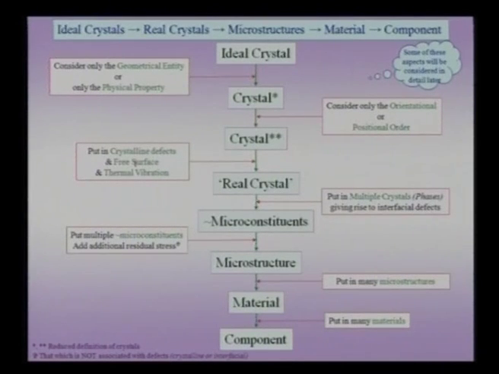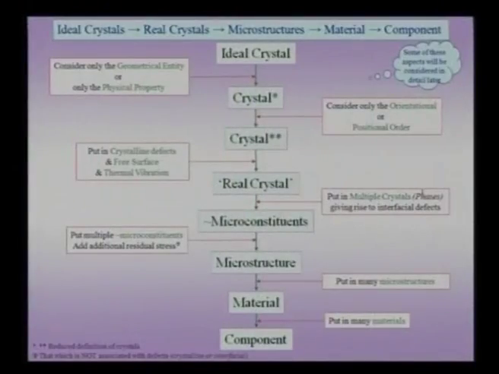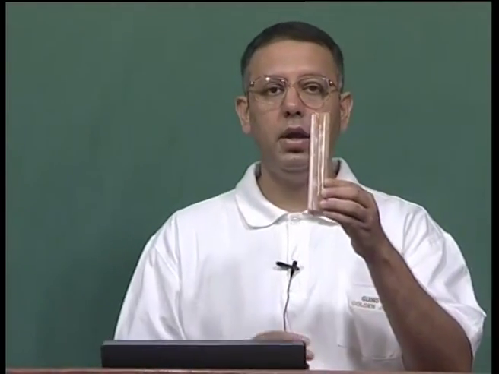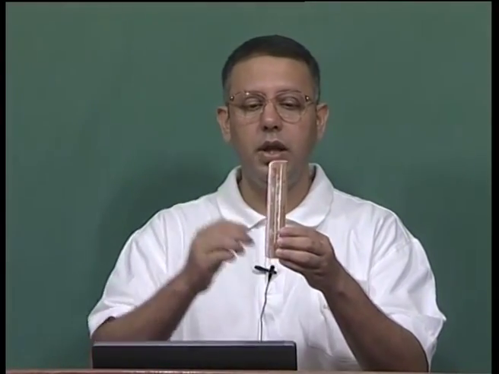Then it is not necessary that my entire material is made up of a single kind of crystal. I can put multiple crystals which I call multiple phases, and therefore when I put in multiple crystals, I not only have a free surface but also have an interface between the two materials. For instance, suppose for now assume that these are crystalline materials, then I would have an interface between these two kinds of crystal.